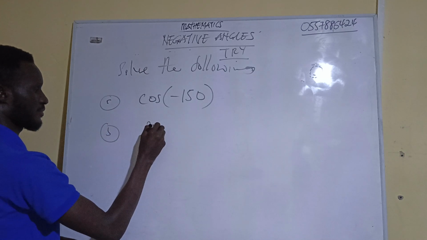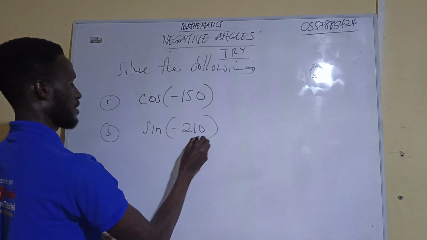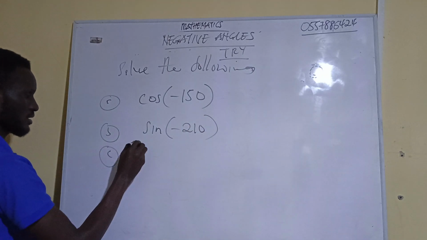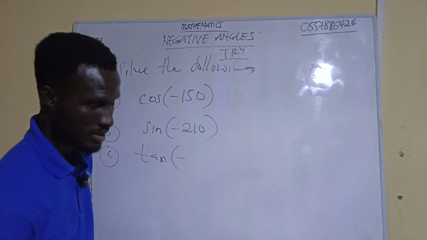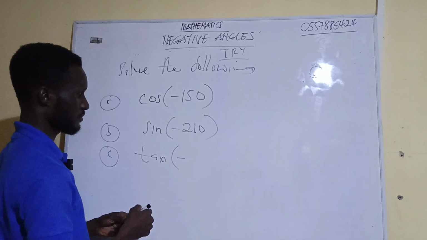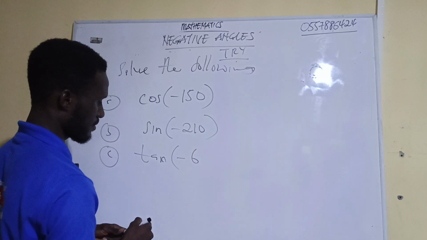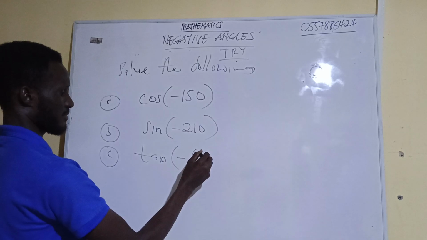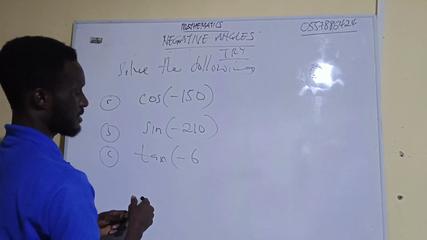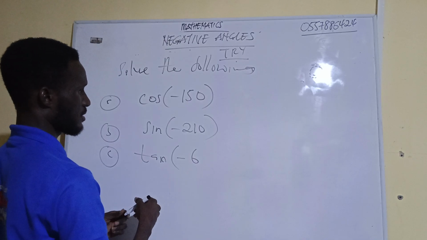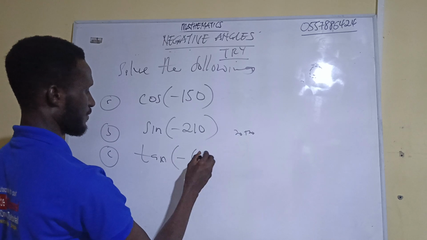B, sin negative 210, and then C, tan negative 680.